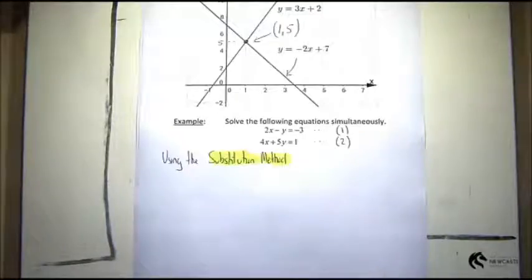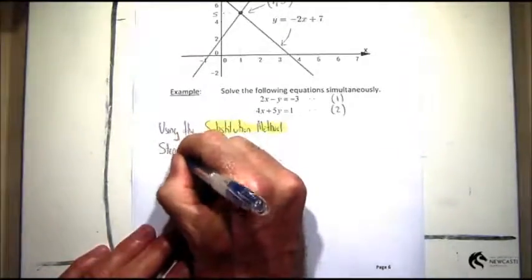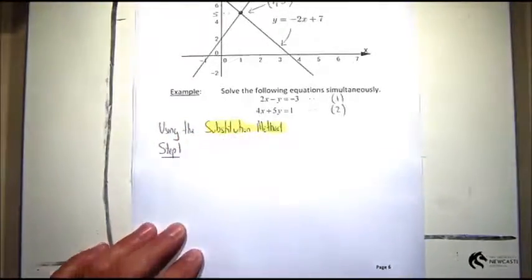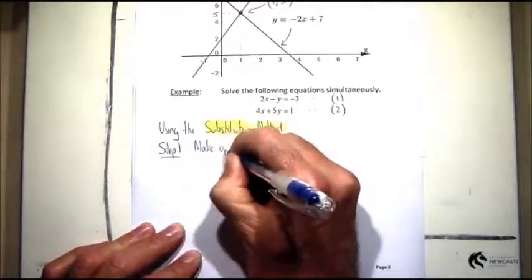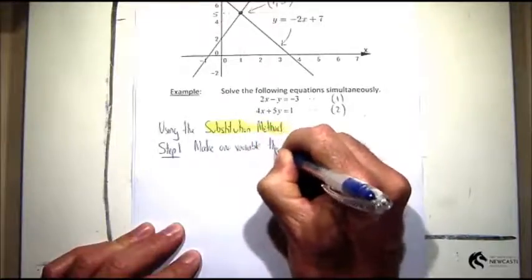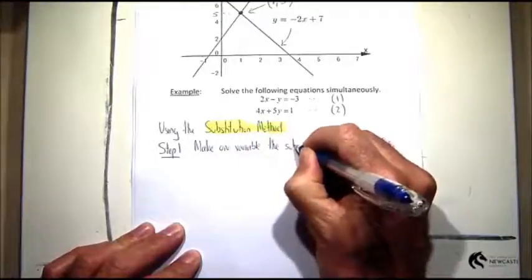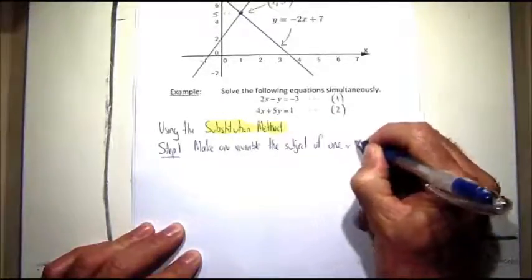So here we go. In the substitution method, the first step, if I can label them, is to make one variable the subject of one of the equations.